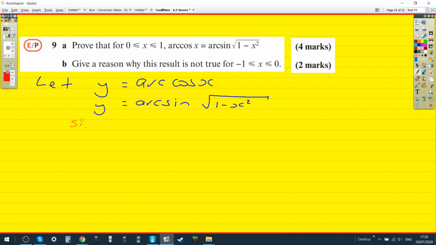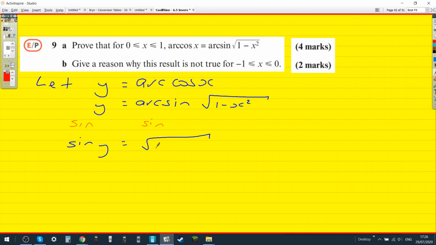So then we get sine y equals the root of 1 minus x squared. And now you have to square both sides. So sine squared y equals 1 minus x squared.